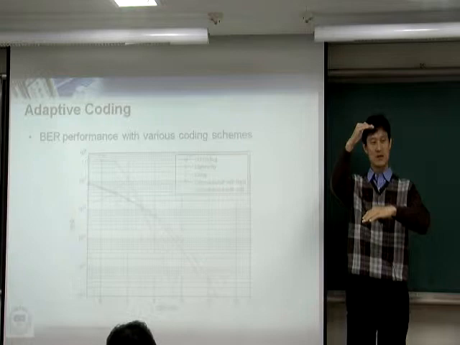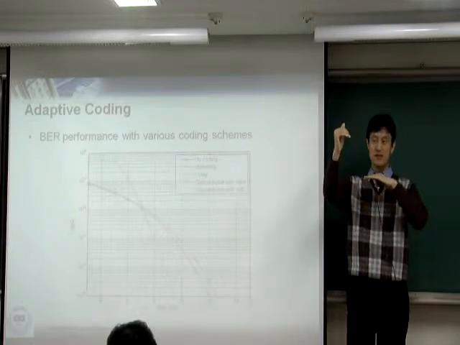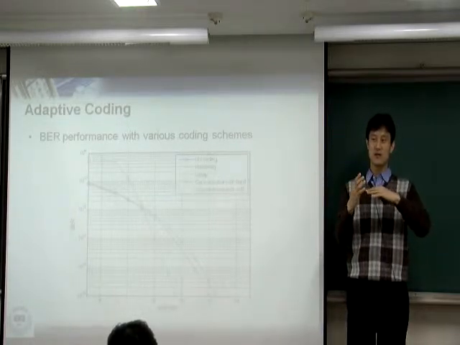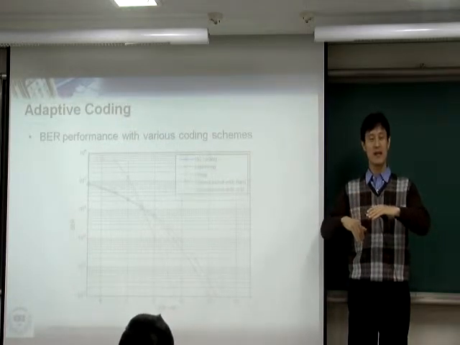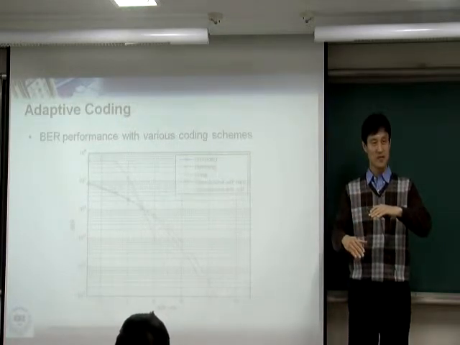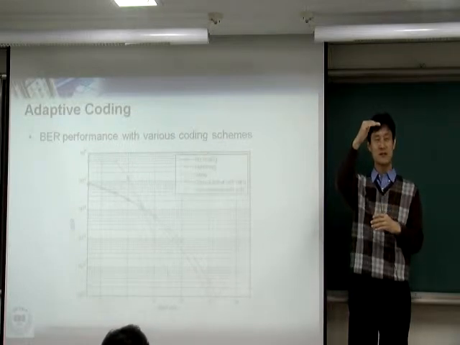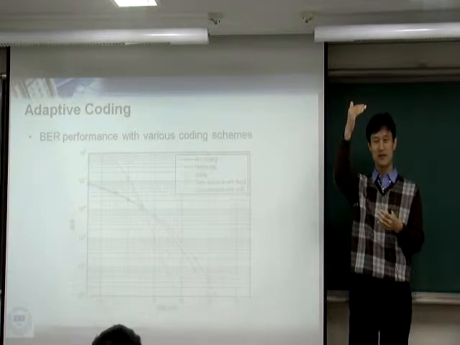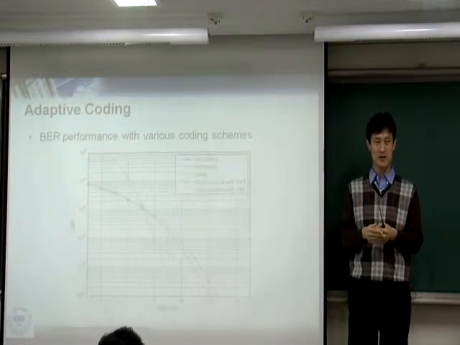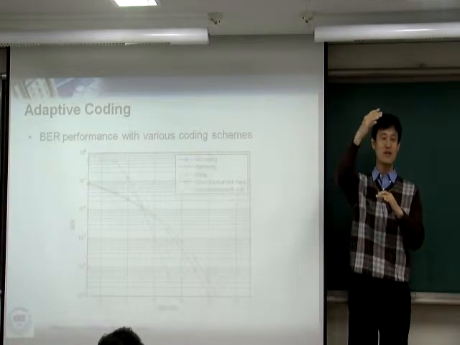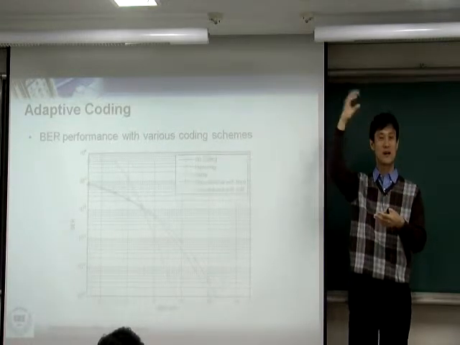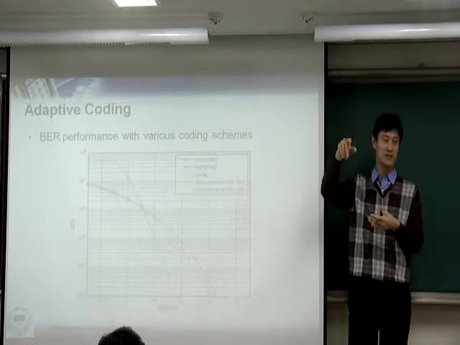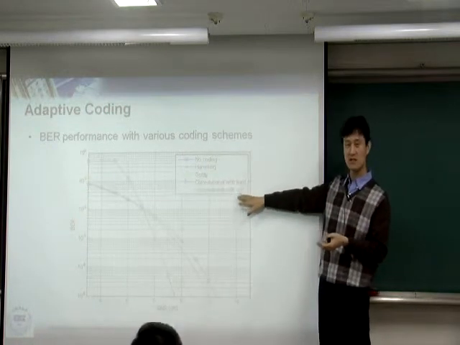A soft decision of 0 means it's definitely hard information 0. A soft decision of 7 means it's definitely close to the hard decision 1. So as you have a higher value in the soft decision, it is more likely to be a hard decision 1. That's a soft decision.